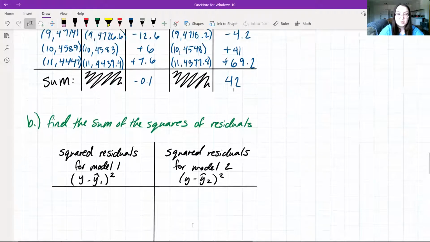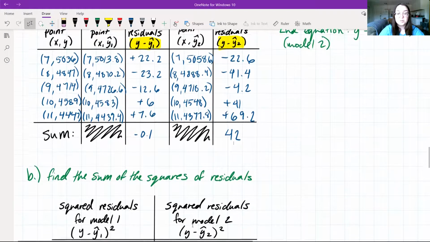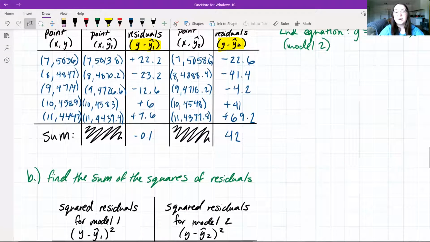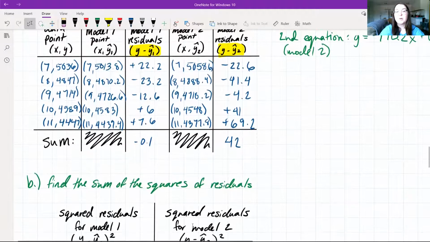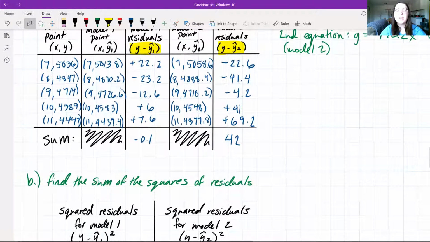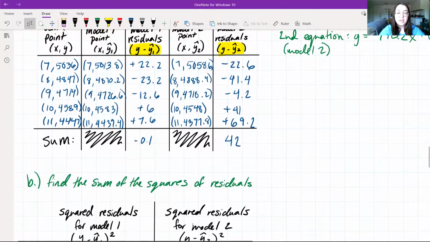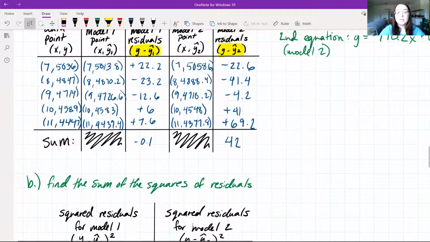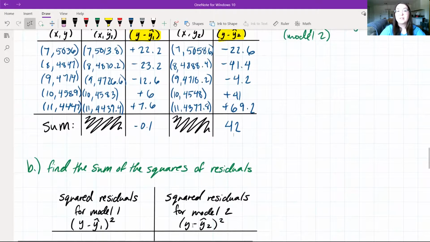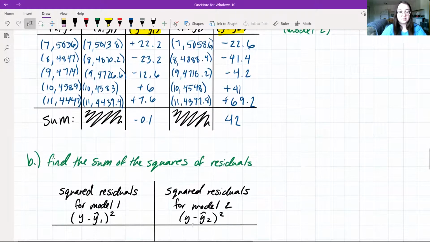So now we're going to square each one of these residuals. We're not just going to square the sum, we need to square each individual residual and then add those up. So we're not just squaring negative 0.1 and we're not just squaring 42. We need to square every single residual that we found for every corresponding x point.